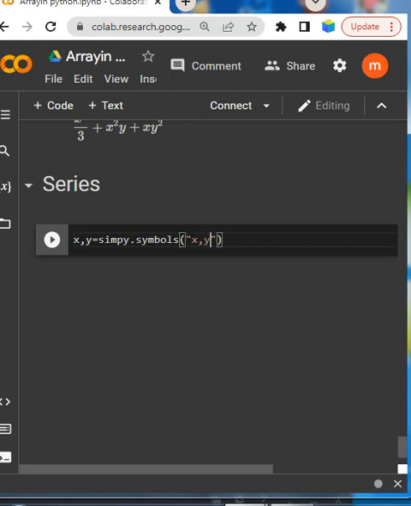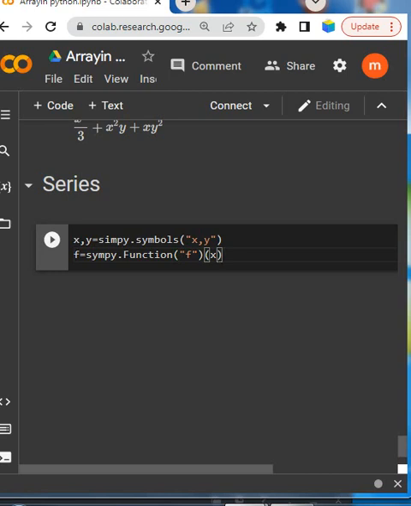So there are two variables, and now I am going to create another function f here, Sympy dot Function, f, and with respect to x, we need the parenthesis and x.